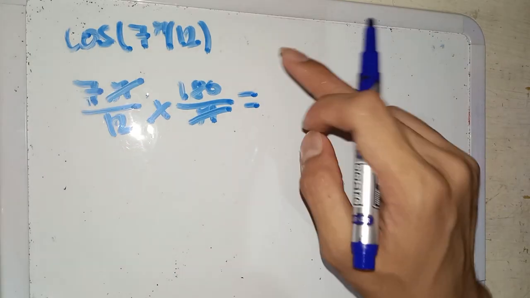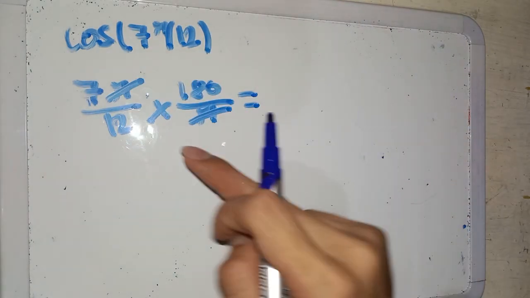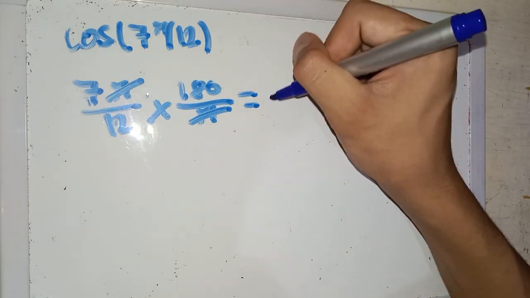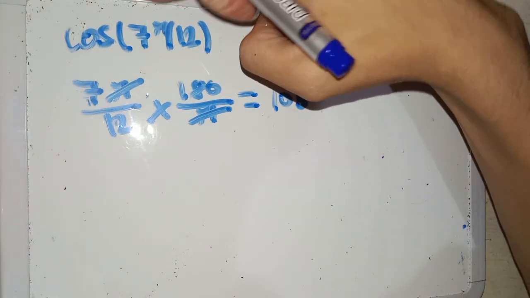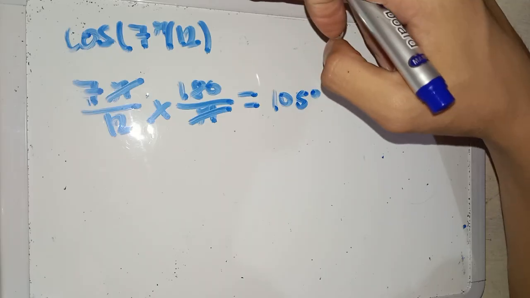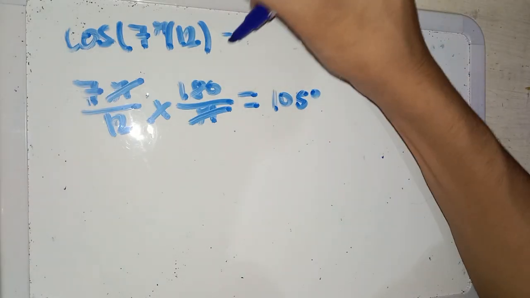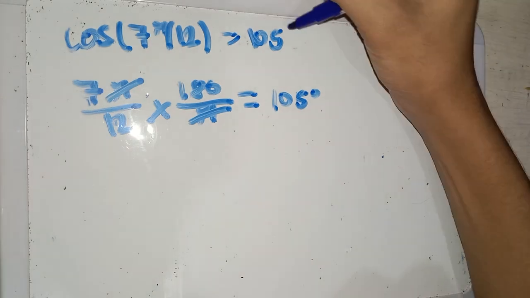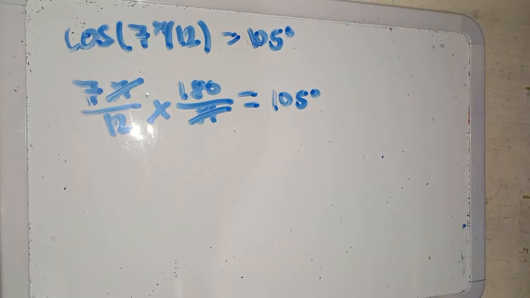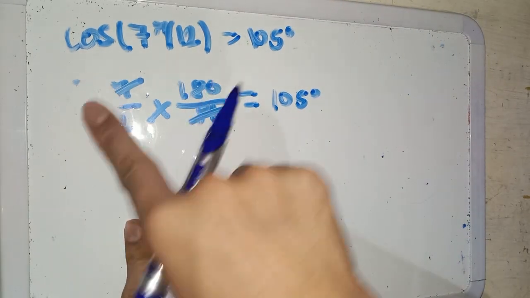So, 180 times 7 divided by 12 is equal to 105 degrees. So, cosine 7 pi over 12 is equal to cosine 105 degrees.